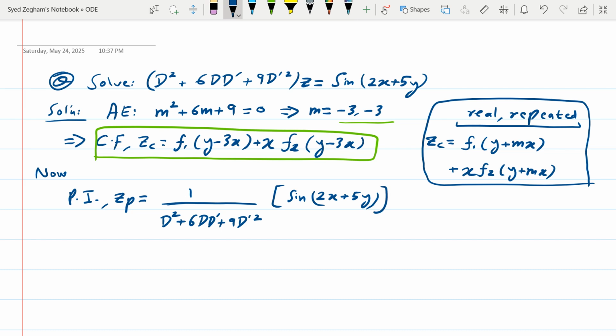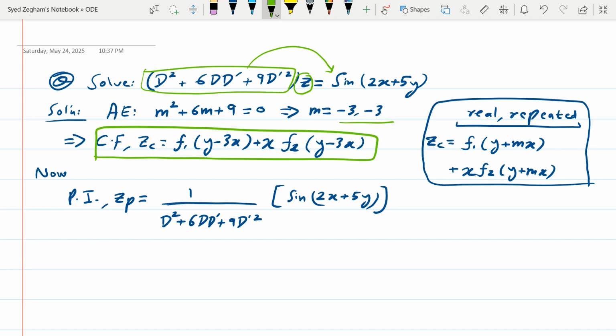Okay. As we discussed in the previous video, we are just trying to find the z by shifting our expression in the bracket to the right hand side. So that will become 1 over D square plus 6 D D prime plus 9 D prime square on sine 2x plus 5y. Okay, so this value of z, when we find, that is actually our particular integral.